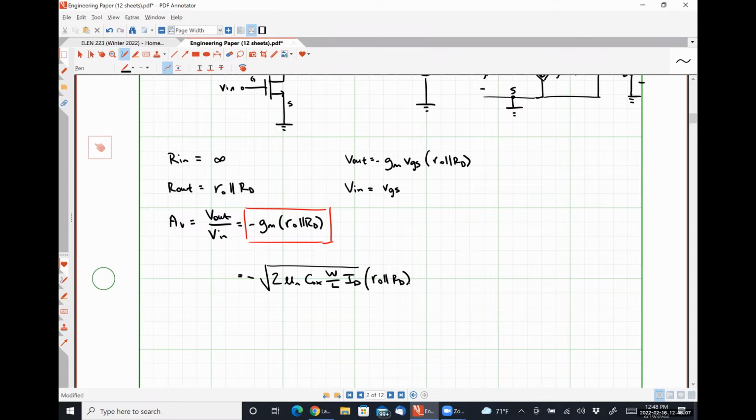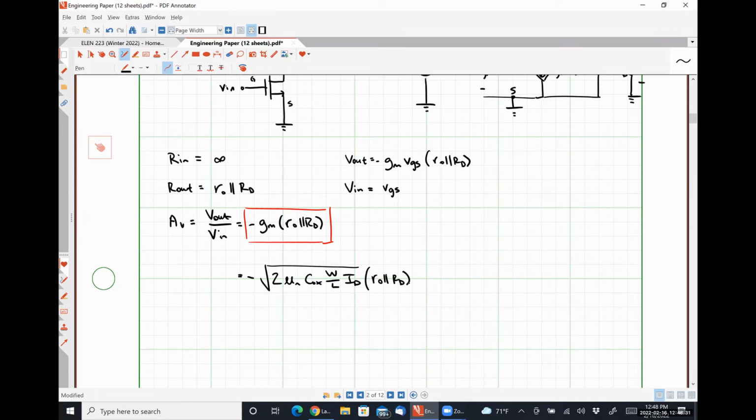If either of those two quantities increase, the magnitude of our gain goes up. Well, as the magnitude of our gain goes up, we are more and more likely to push our device out of saturation for a portion of the input waveform.